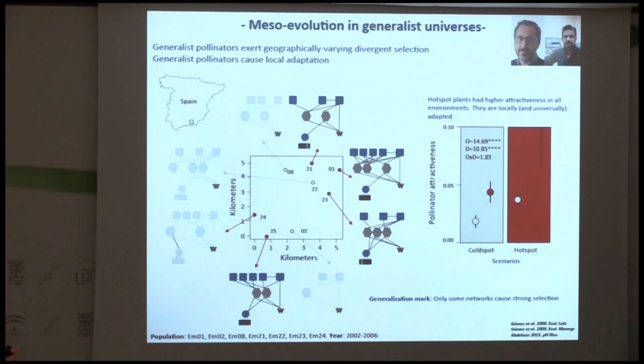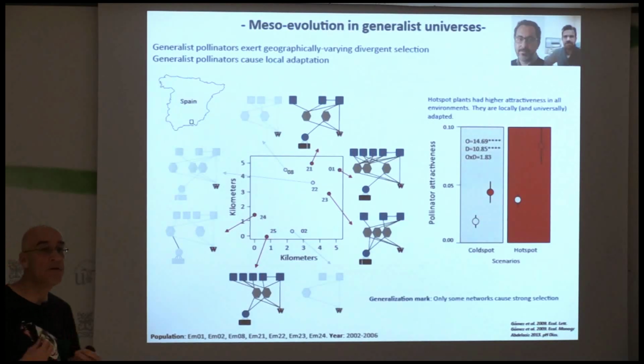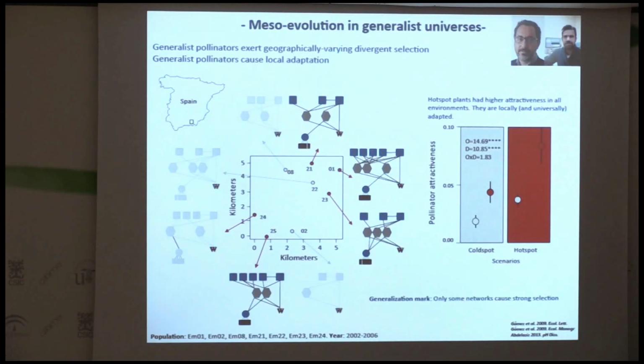If you take plants from the hot spots and the cold spots and transplant them between different populations, you find that the individuals coming from the hot spots, in red, are visited more often by the pollinators occurring in the hot population, and also in the cold population.